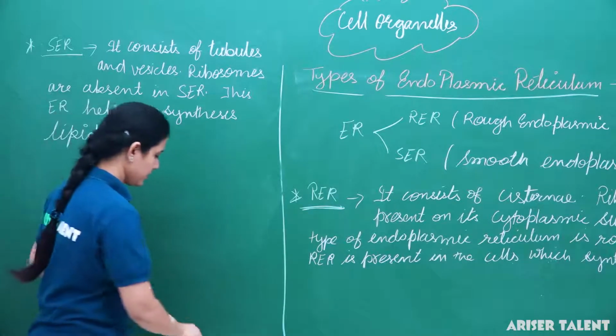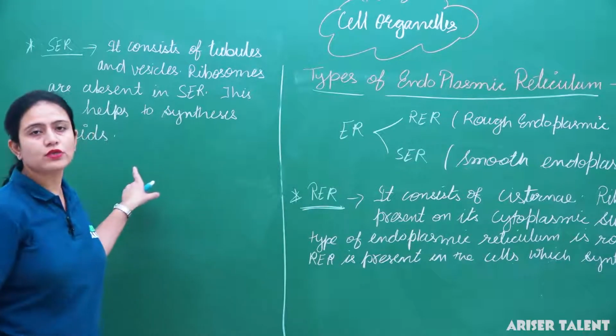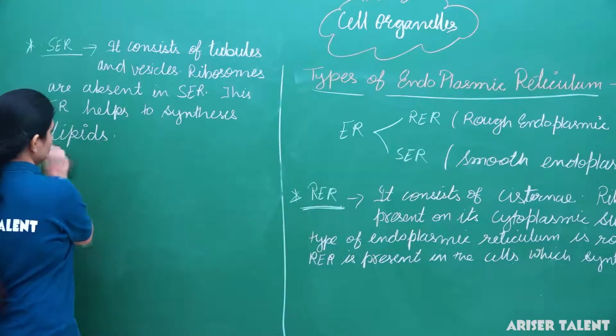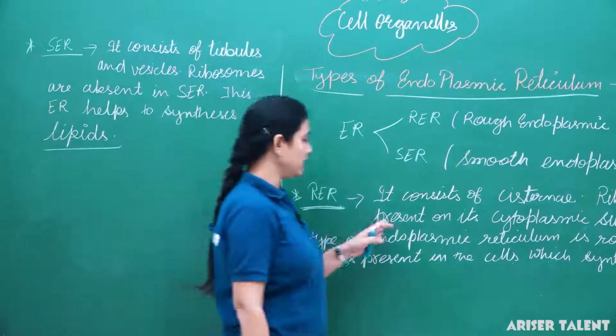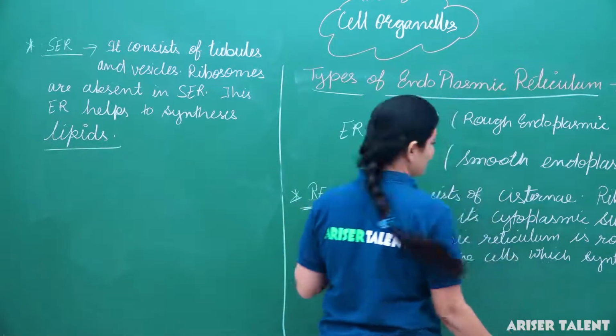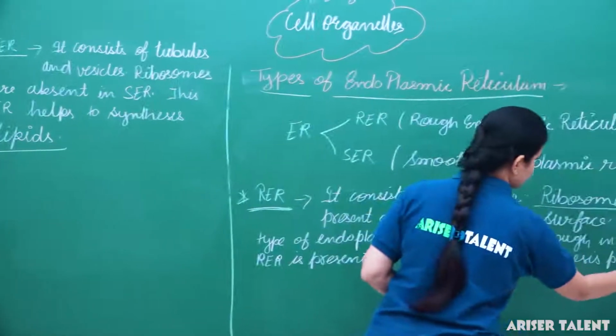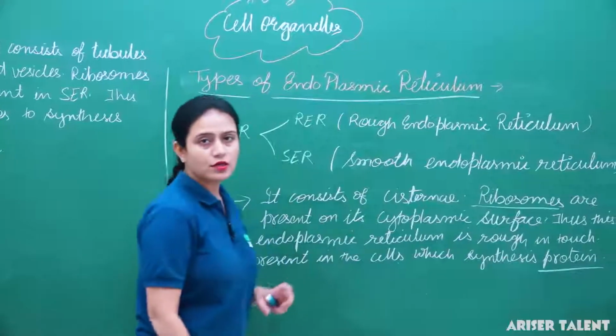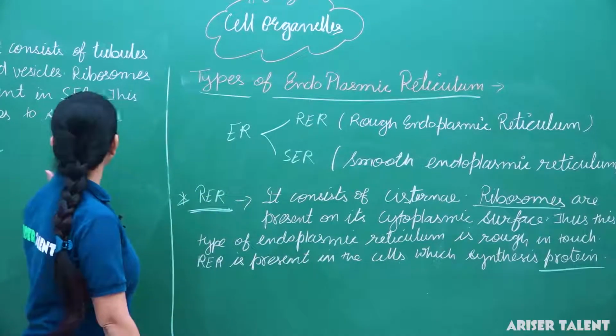As ribosomes are absent in smooth endoplasmic reticulum, it helps to synthesize lipids, whereas in rough endoplasmic reticulum ribosomes are present, so it helps to synthesize proteins. So this is the structure.